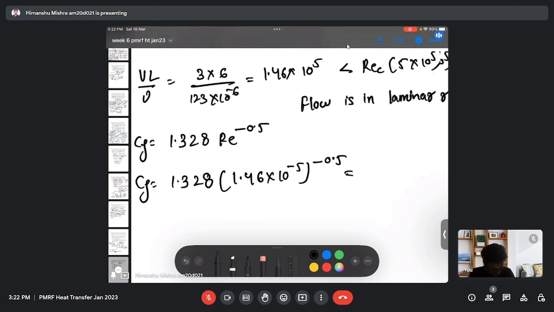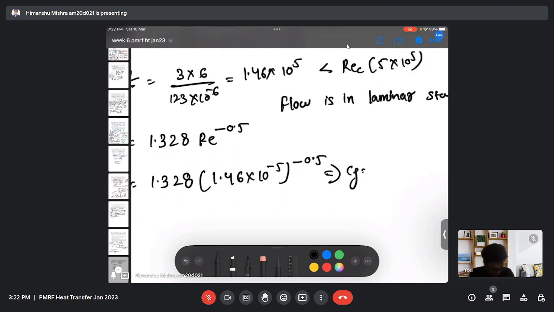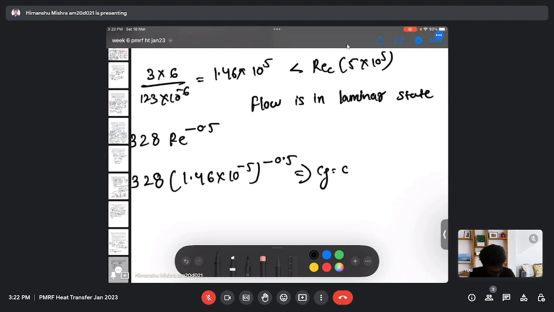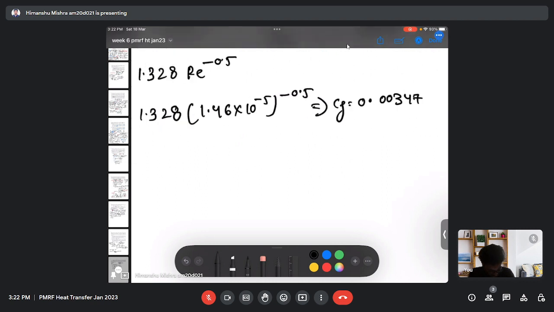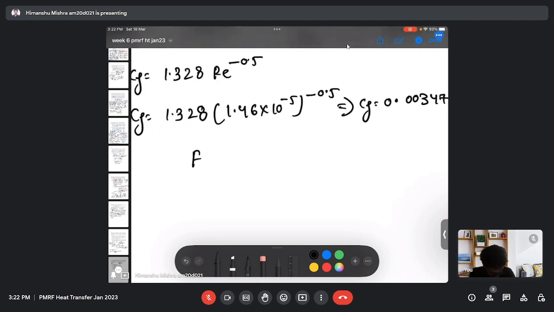On calculating this, we will get skin drag coefficient as 0.00347. Now we know how to calculate the skin drag force. We have used this formula a couple of times previous week.